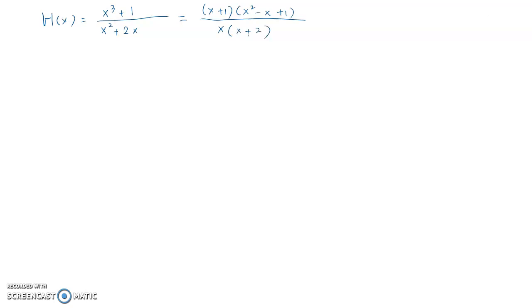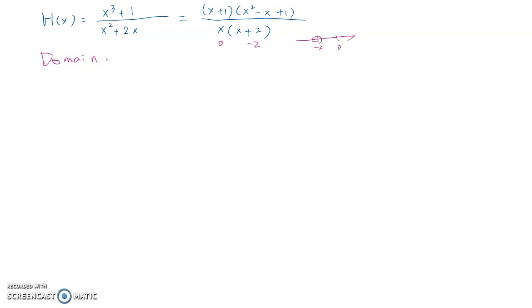Okay, so first of all, the domain of this function. To look at the domain, we'll have to look at the denominator. So we'll exclude the numbers that will make the denominator equal to 0. That's 0 and negative 2. So if you graph a number line, negative 2 is here, 0 is here.